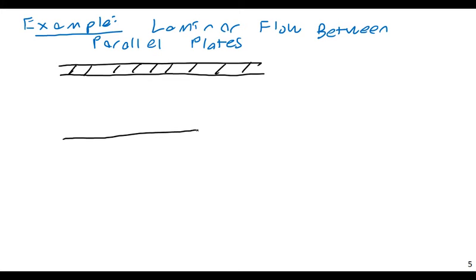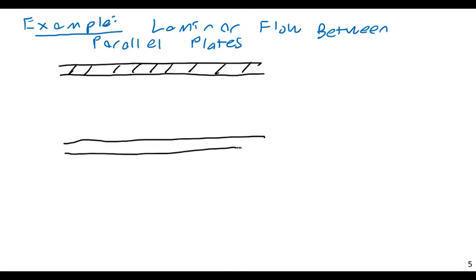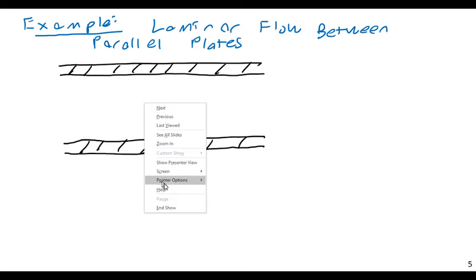Now, we looked at something similar when we first considered the definition of strain, where we had one of the plates moving, but that's not going to be the case here. We're going to have both plates stationary, both plates at rest, with simply a fluid flow occurring between them.